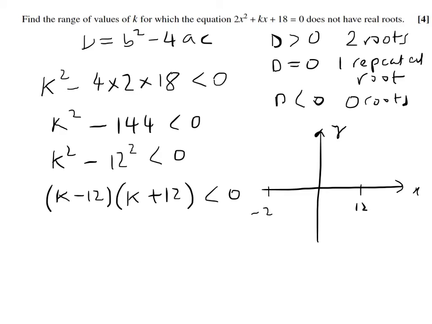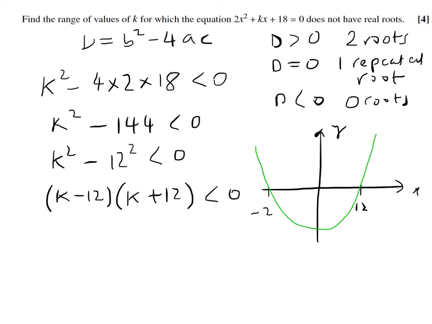If I just change my pen color here, let's do green. And we know that from the quadratic, we have a happy shape, so let's draw it down and look something like this.